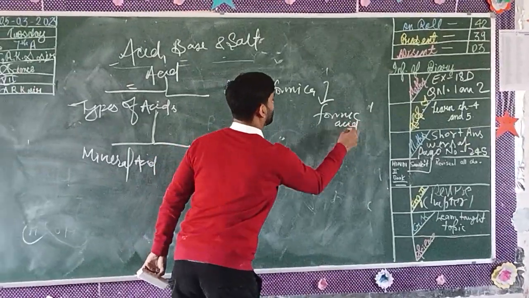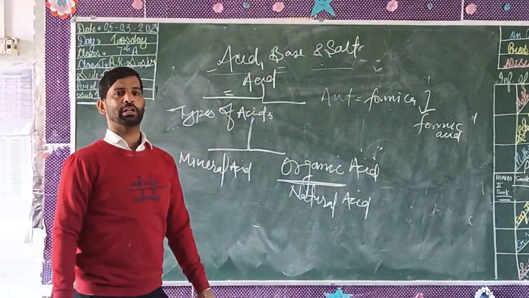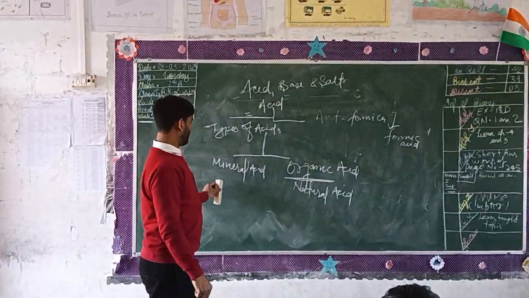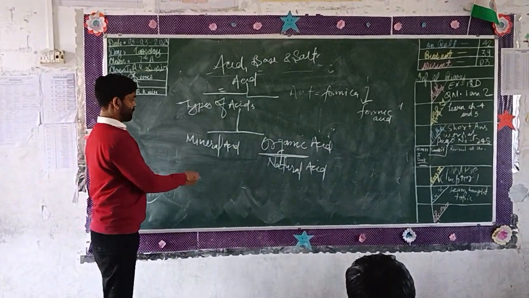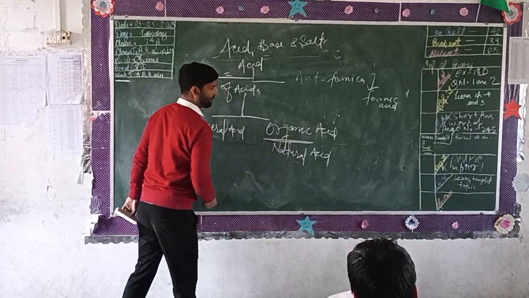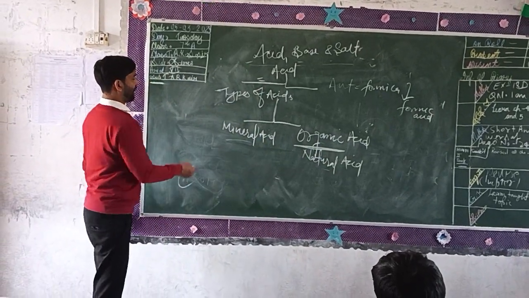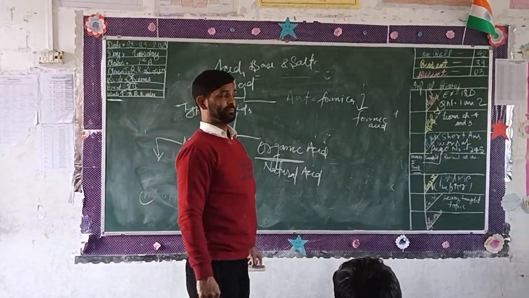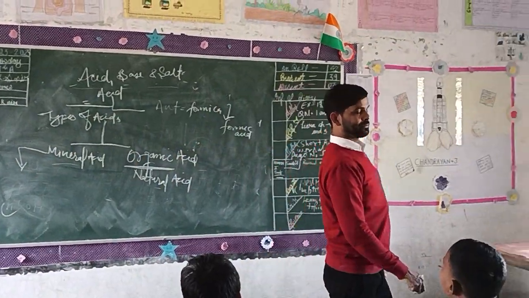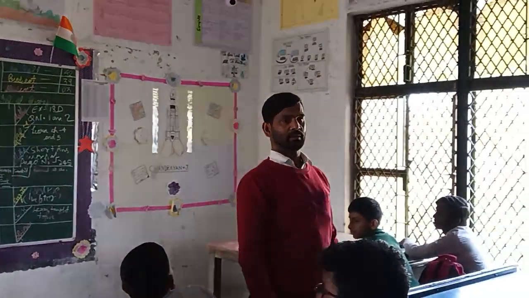So basically, what is the difference between mineral acid and organic or natural acid? First of all, mineral acid. What is a mineral? Minerals are those that can be obtained from the earth's crust.